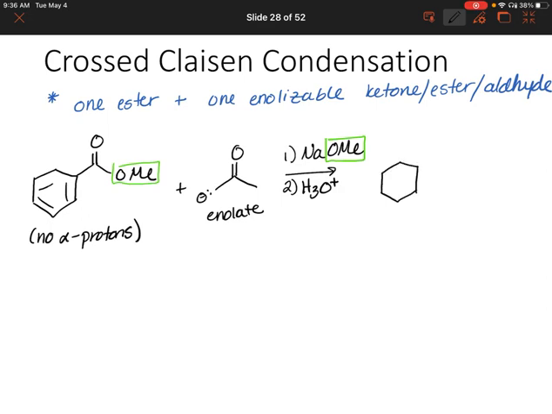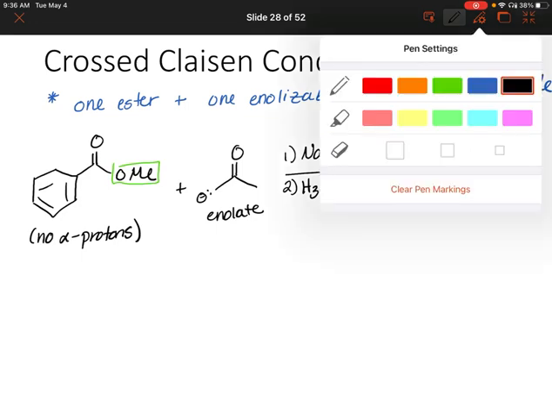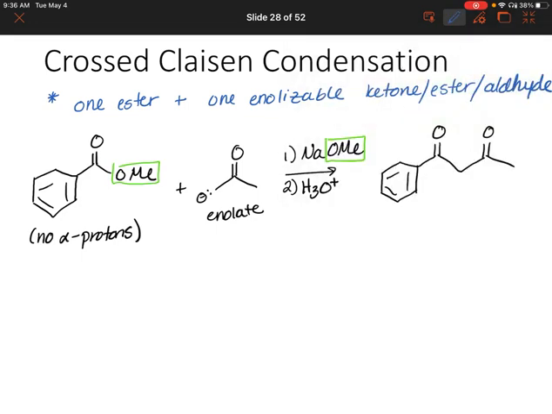So what we do is basically just combine the two starting materials and get rid of the ester leaving group. So pretty easy there.